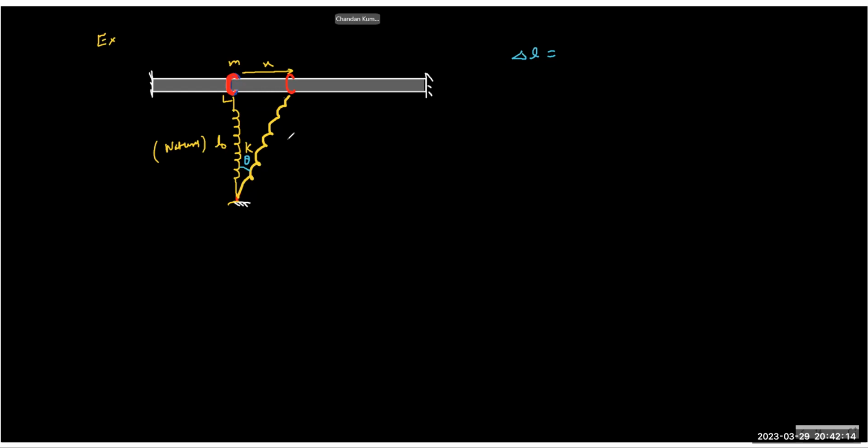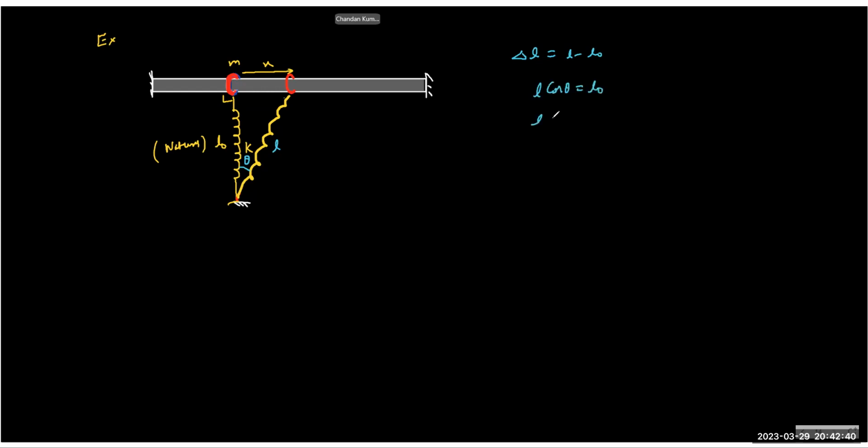Come on. So using trigo ratio. Yeah, of course. So let's say the new length is L. What is the delta L then? L minus L naught. Am I right? Yes. But L and L naught are related to each other. L cos theta is L naught.